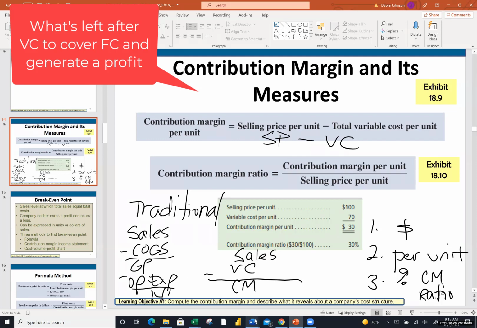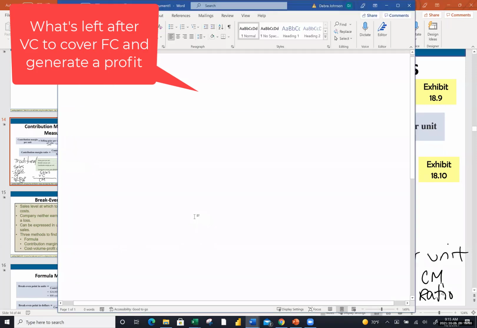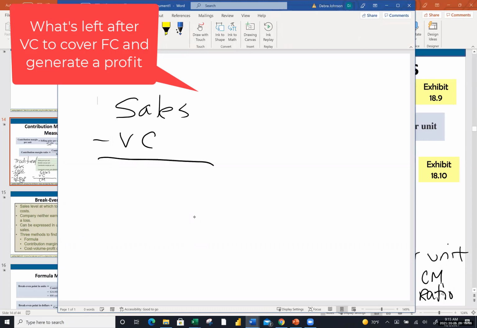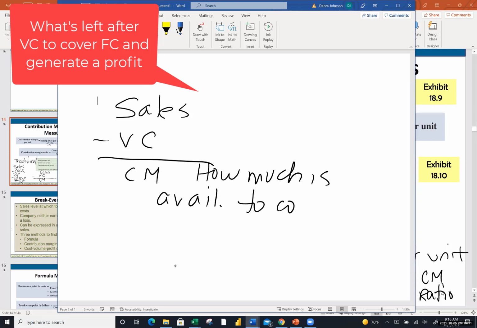Okay, in fact, I'm going to write that down because that's pretty important. Let me go back here. So we have sales, and we take out the variable costs, and we have this contribution margin. And what that contribution margin represents is how much is available to cover fixed costs and generate a profit.